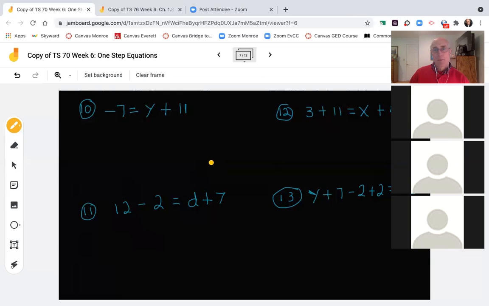Couple more examples. Just going to do a bunch of these tonight. So I've got -7 equals y plus 11. Okay. You notice the y, the variable, is on the other side of the equal sign. But I'm going to do the same principle. I want y by itself. So I'm going to subtract 11 to get rid of it here. Subtract 11 on the other side. Okay.